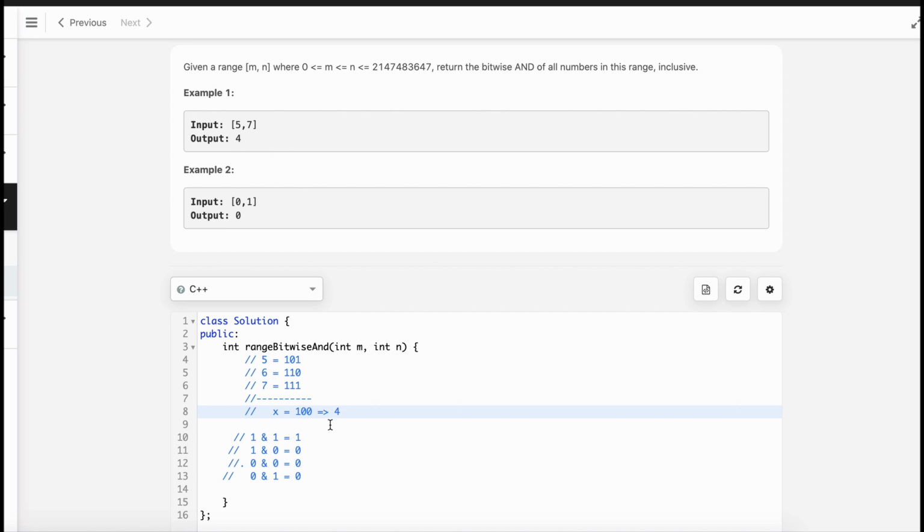And how can we easily say that this is 4? The binary representation can be easily interpreted: 1 in the 0th position is 1, 1 in the 1st position is 2, and 1 in the 2nd position is 4.